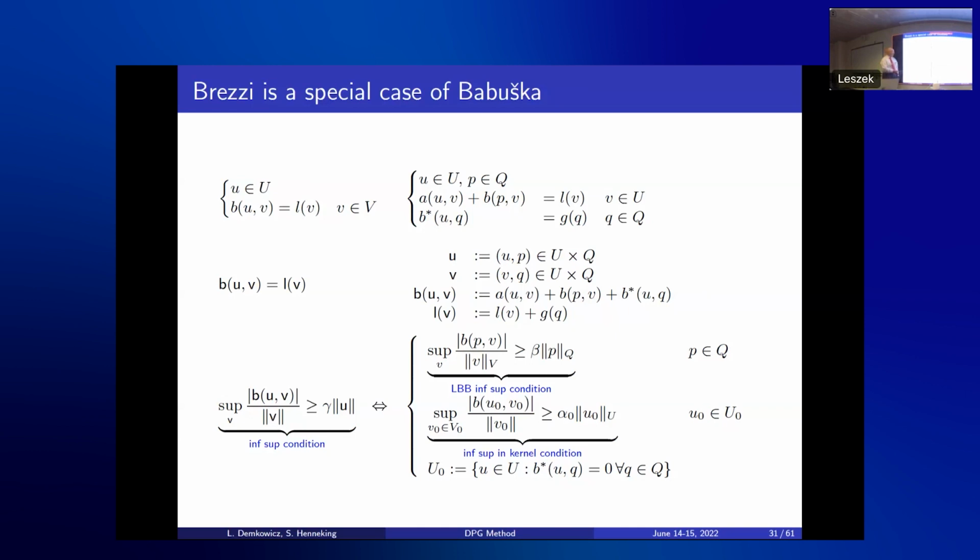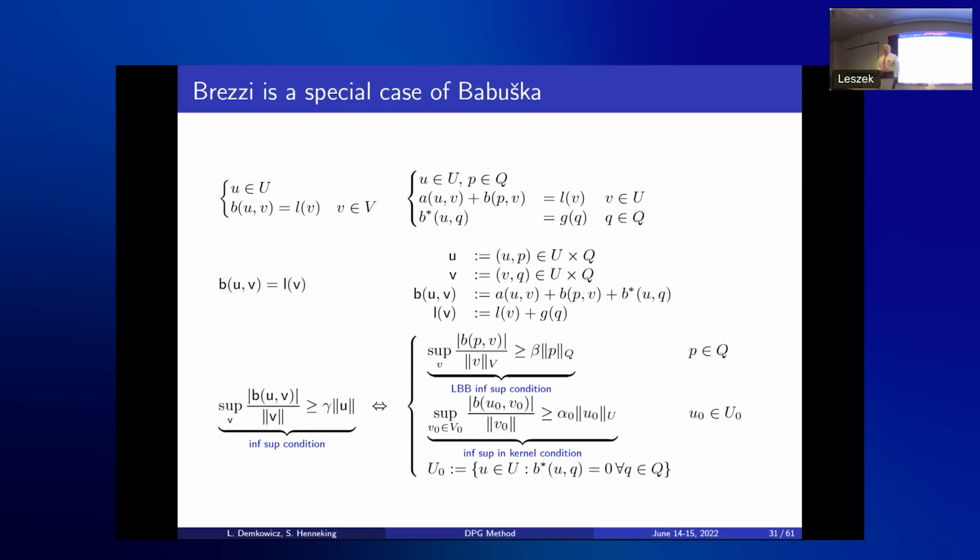Banach-Babuška, right? Nečas on the continuous level, Babuška on the discrete level. That is equivalent. So there's implication in both directions to the two conditions of Brezzi. The actual, what is called Babuška-Brezzi or Ladyzhenskaya LBB condition, right? The discrete version of it, and then the inf-sup kernel.